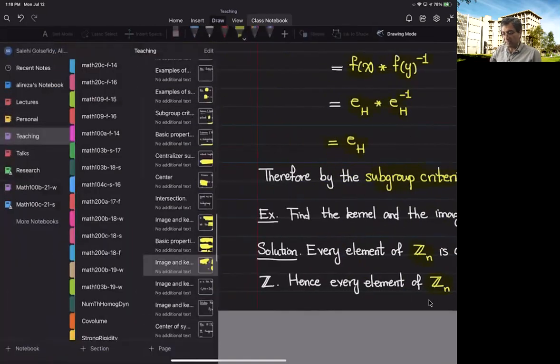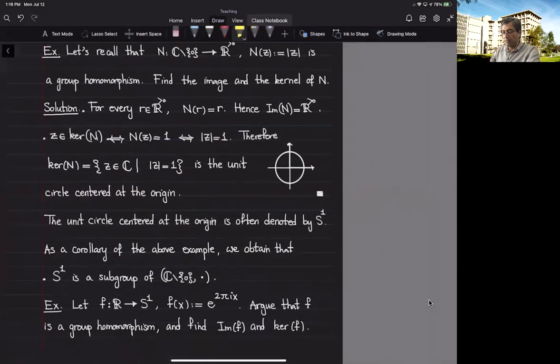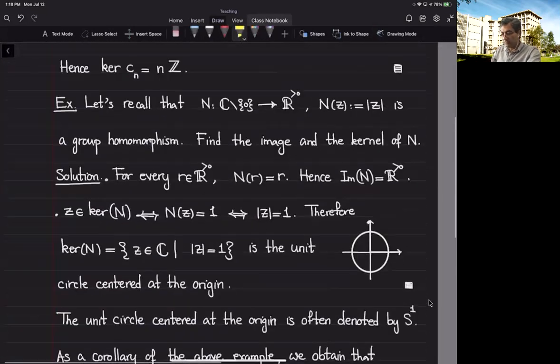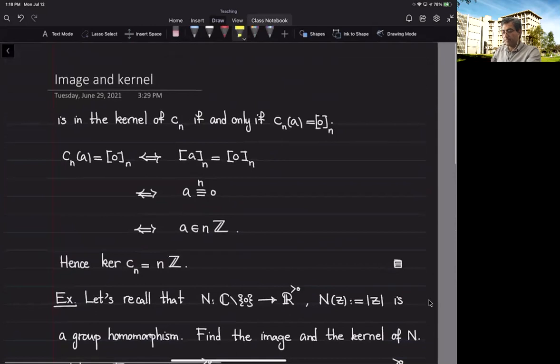Okay, so that tells us the image. Now let's look at the kernel. An element is inside the kernel if and only if it is sent to the neutral element of the codomain. That means an integer a is in the kernel when C sub n of a is the residue class of 0.